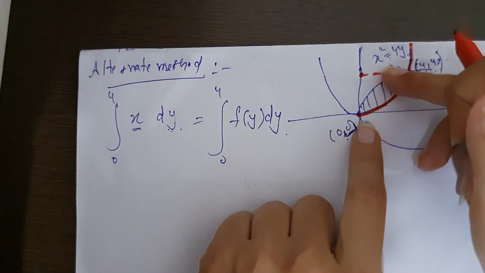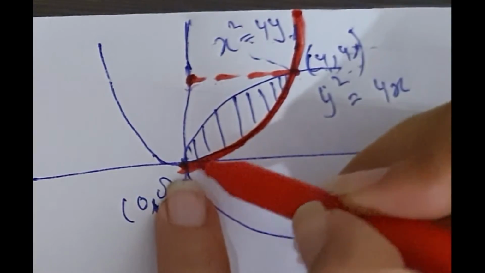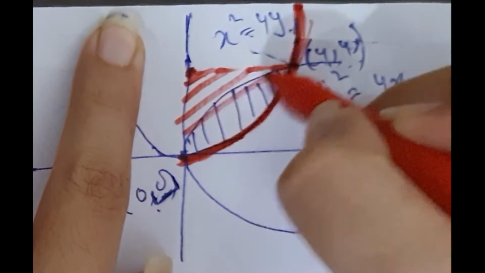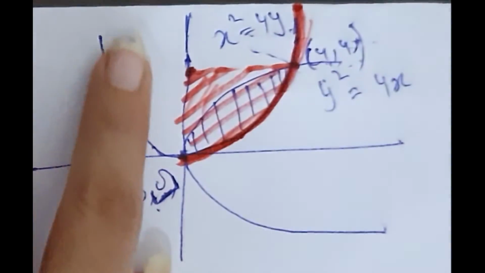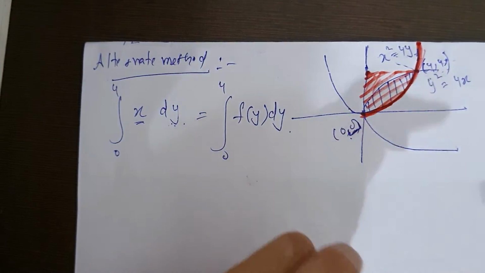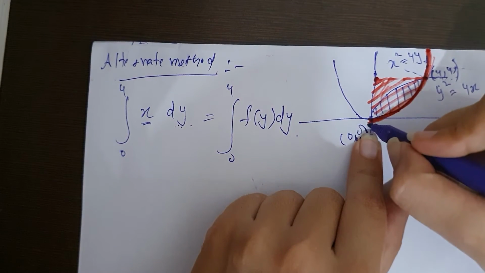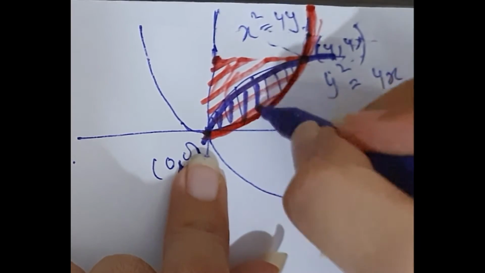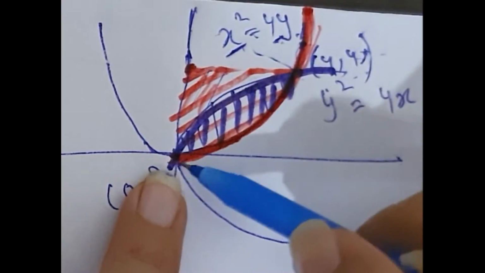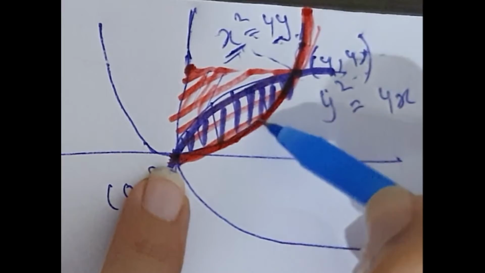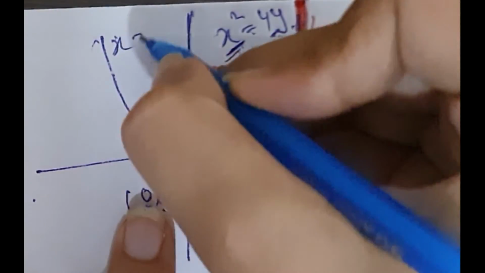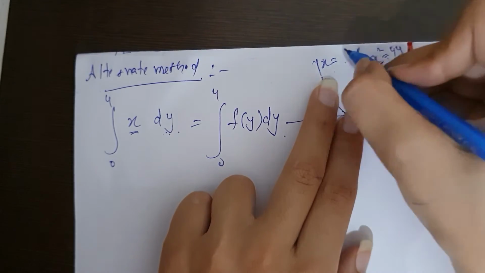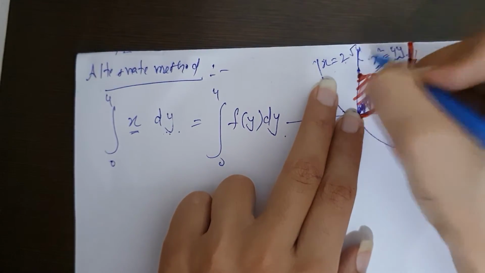So if we are taking limits with respect to y, and we take the equation of this part, then we will get this whole part. So for that we have to subtract the equation of this parabola from this parabola, so that we get the desired area. So the value of x from this parabola, x square is equal to 4y, is x equal to 2 root y.